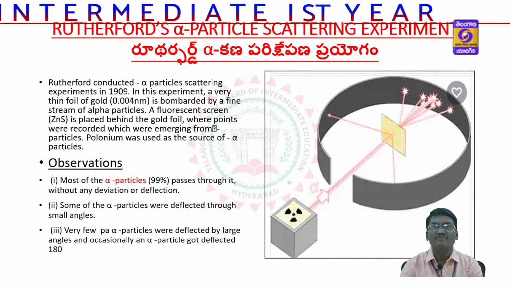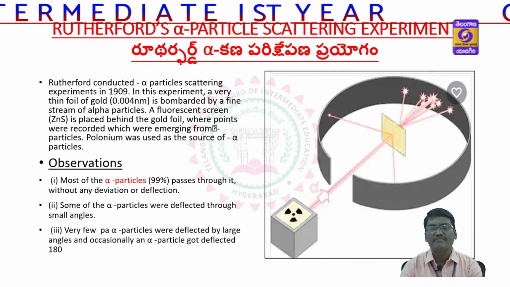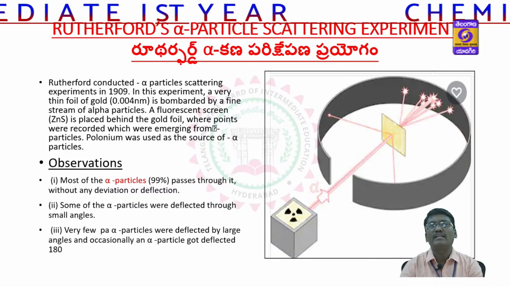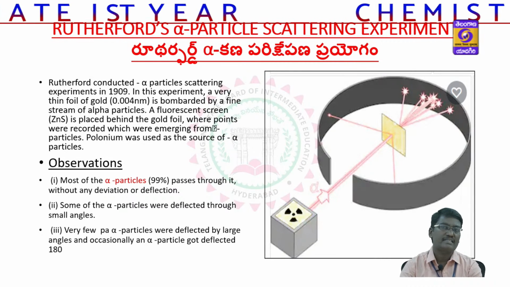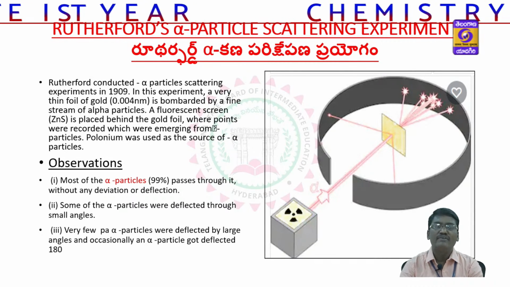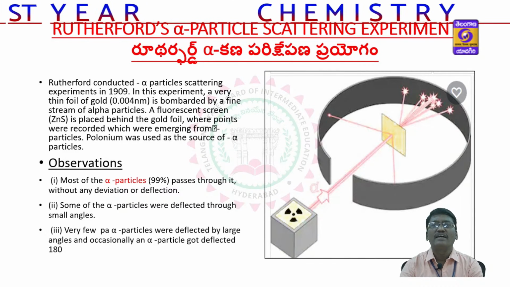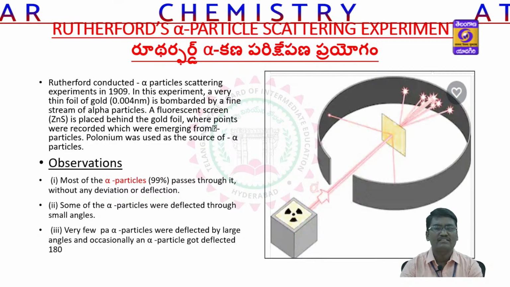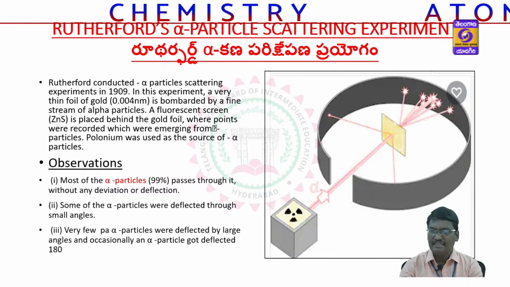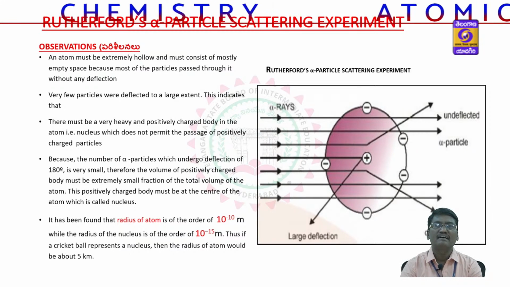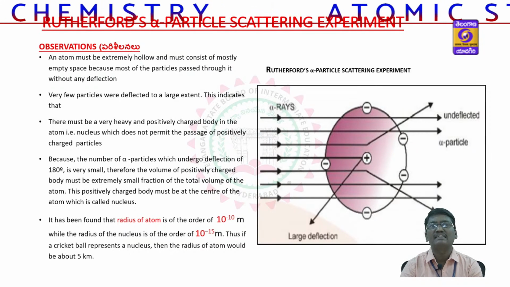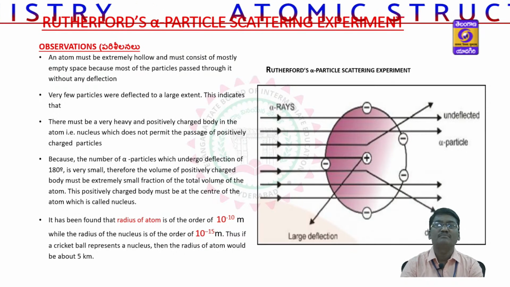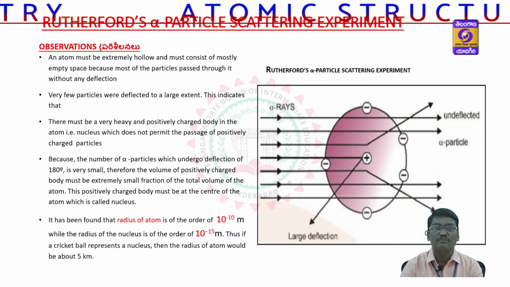Some of the alpha particles, very few, were deflected through small angles, not big angles. Whereas very few particles were deflected through 180 degrees. These observations tell us how the atom contains its subatomic particles.